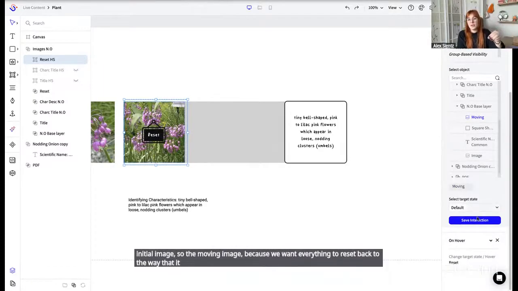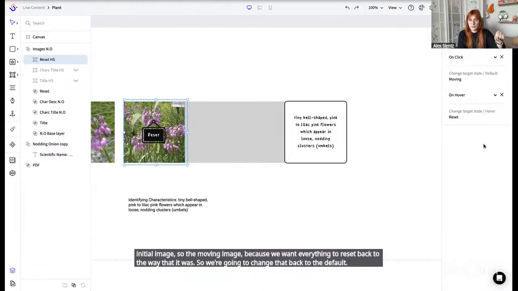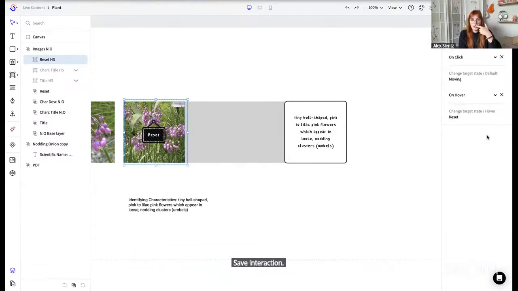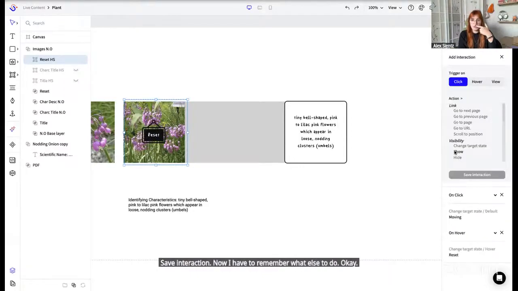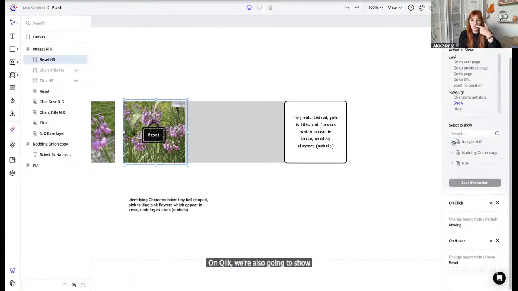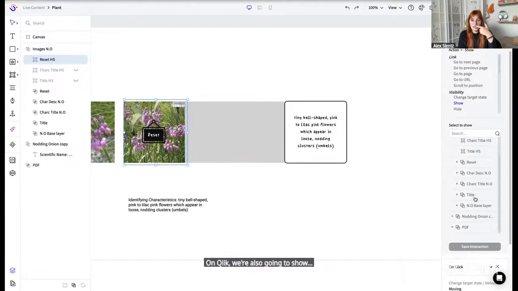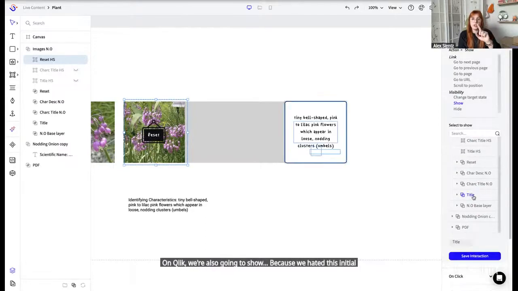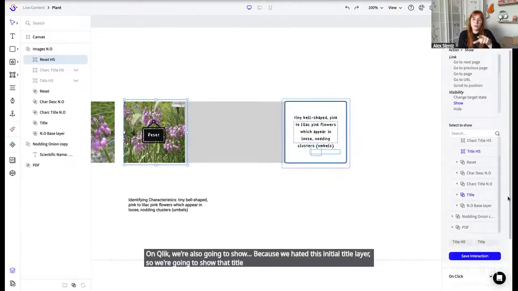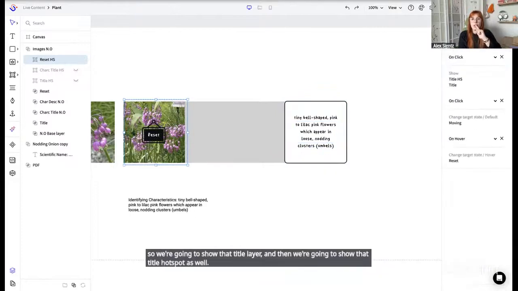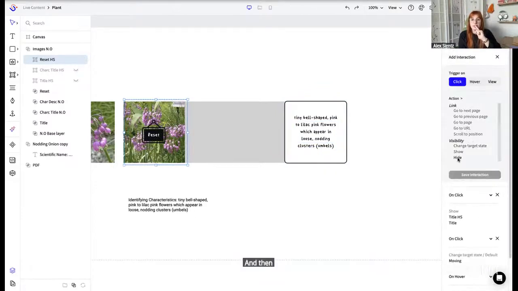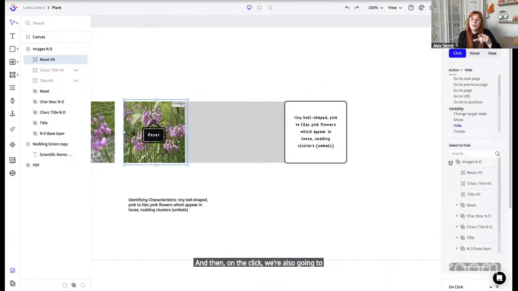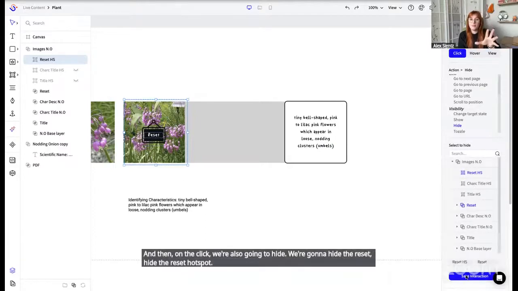So we're going to change that back to the default. Save interaction. Now I have to remember what else to do. Okay. On click, we're also going to show, because we hid this initial title layer, that title layer, and then we're going to show that title hotspot as well. And then on the click, we're also going to hide the reset hotspot. Okay.